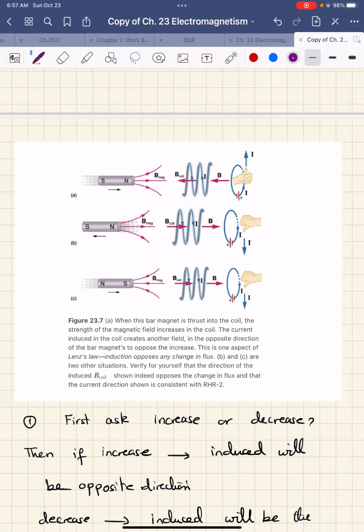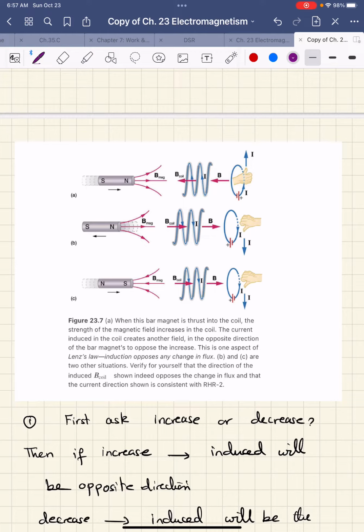we have here a coil and a current going through it in this direction, okay? And the bar magnet here is thrust into the coil, meaning it's approaching.